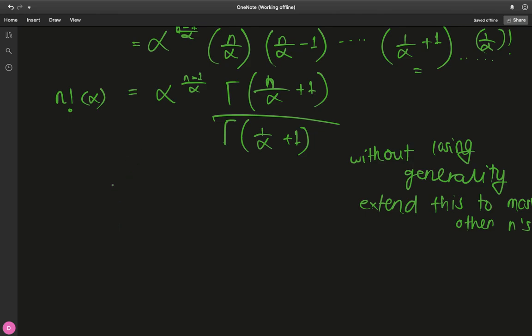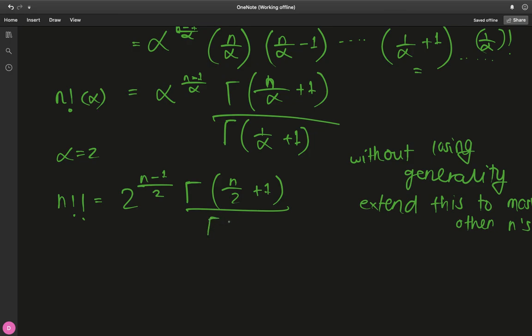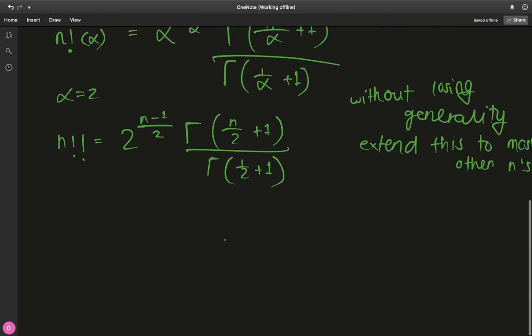So there we have it, a perfect treatment of multiple factorials. But in our case, it was a double factorial, so alpha was 2. So n double factorial is basically 2 to the n minus 1 divided by 2 times the gamma of n over 2 plus 1 divided by gamma of 1 over 2 plus 1.